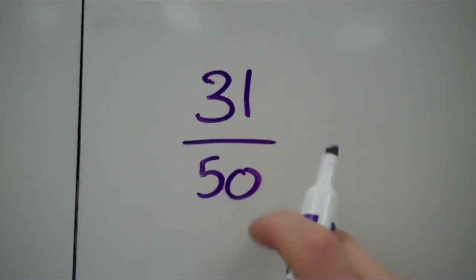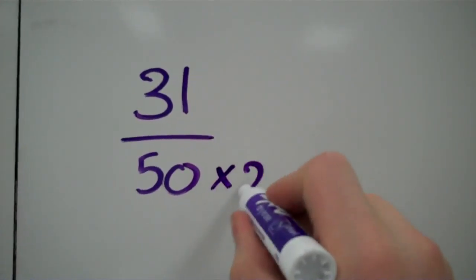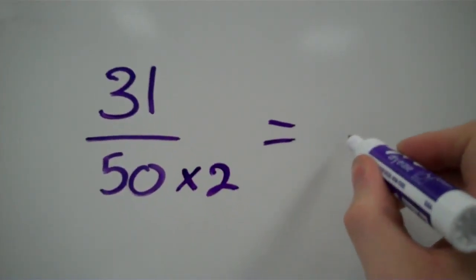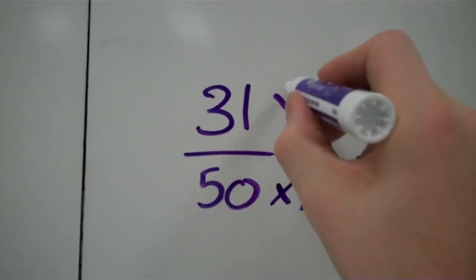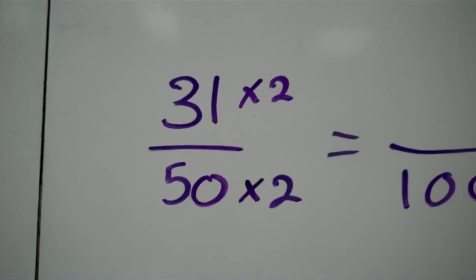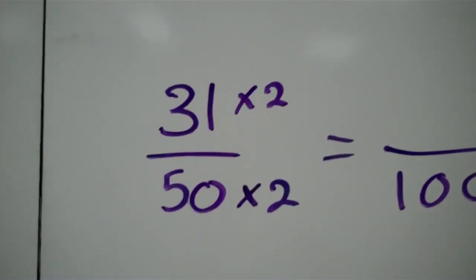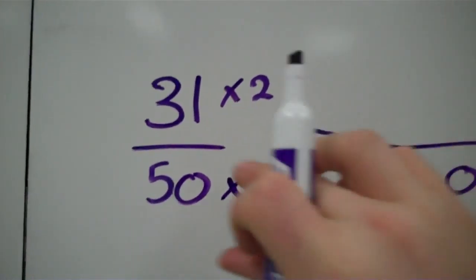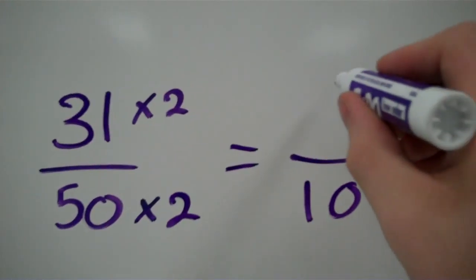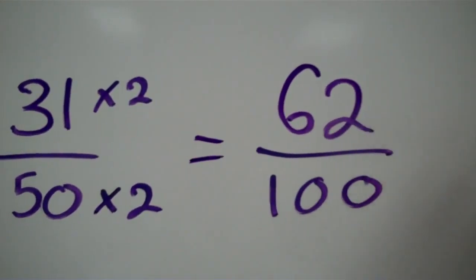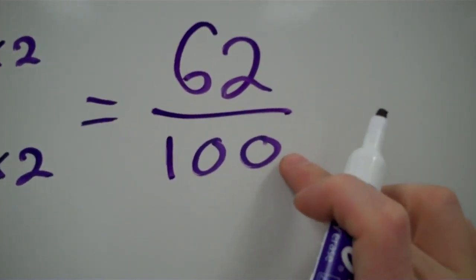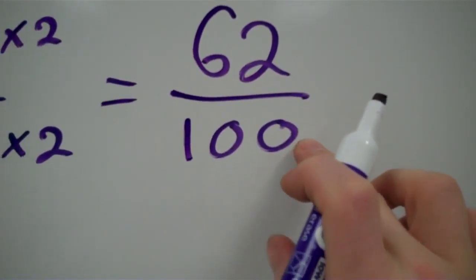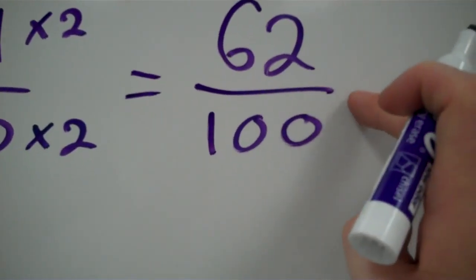So I know that 50 times 2 is going to equal 100 on the denominator. If I multiply the top, I'm not really changing anything, am I? I'm just multiplying the top and the bottom by the same number. I'm making an equivalent fraction. So 31 times 2, I get 62. 62 per cent. Remember, C-E-N-T means 100. 62%.